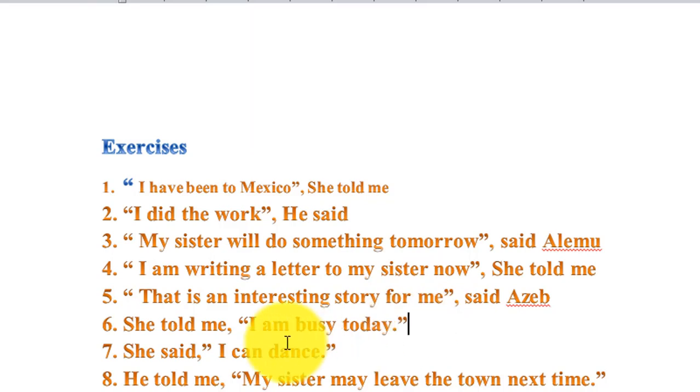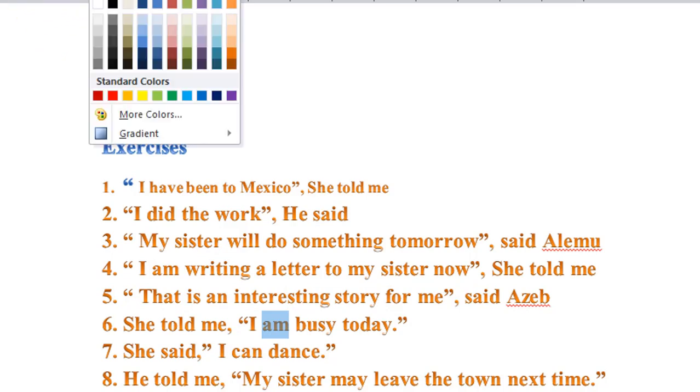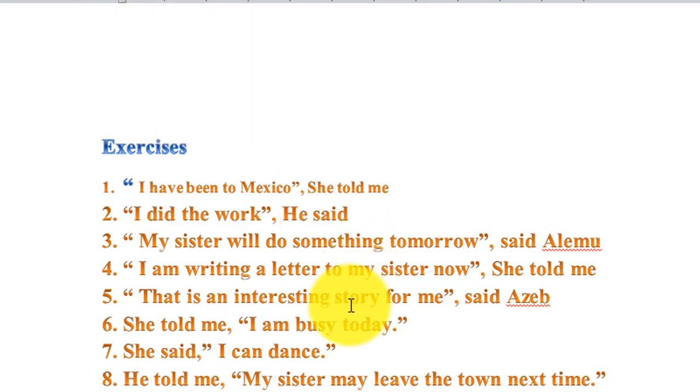She told me "I'm happy today." She told me, yeah, double quotation marks, so which is simple present. The "am" here is simple present. Don't forget this form, please: simple present. If it is simple present, where do we change it? To simple past. She told me that she was busy that day.